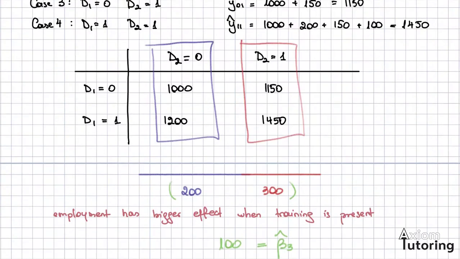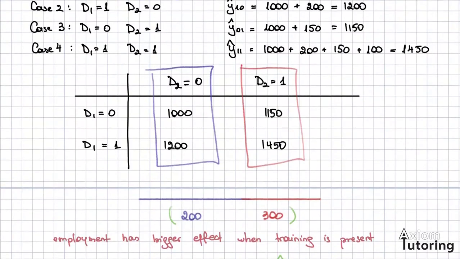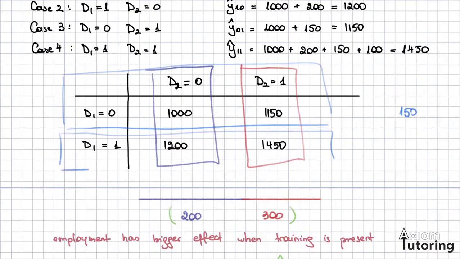You can also do the computations in a slightly different way. So if you looked at only unemployed people, to see what training does, you would see here a difference of 150. Then if you looked at the difference that training brings to employed people, you see the difference between the trained and untrained ones is just going to be 250.